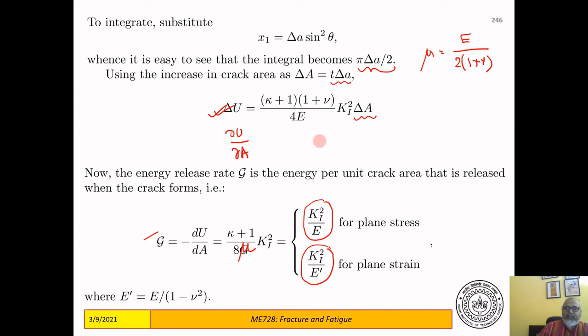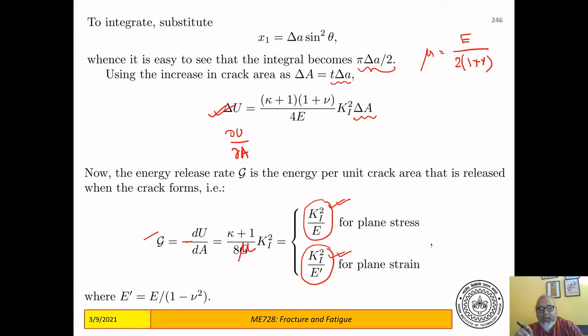To open the crack, this much energy will be released. So this numerically will be equal to the energy released, because this is an elastic system, but you will have the minus sign, because while opening the crack, energy is released, while closing the crack, energy has to be supplied to the system. So this numerically will give you the G, and that G would be K1 squared by E for plane stress and K1 squared by E prime for plane strain.